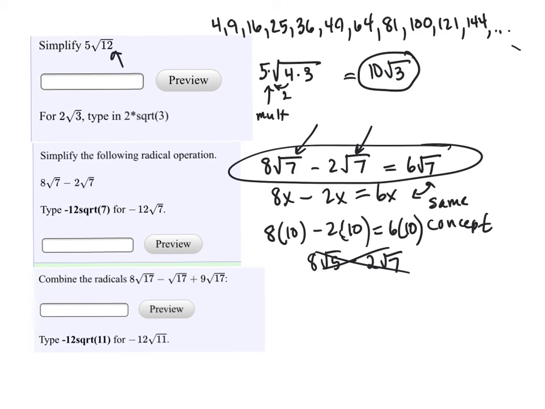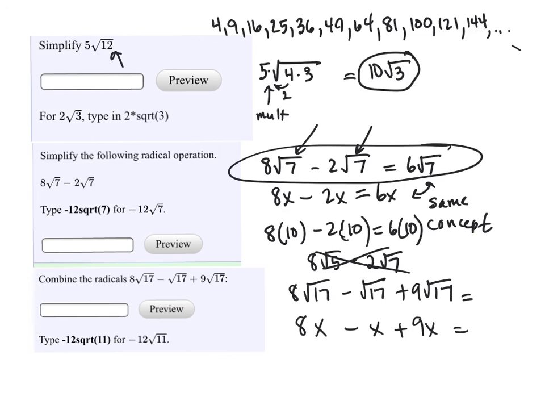8 root 17 minus root 17 plus 9 root 17. Well, as you do this, think of something you know. This is like 8x minus x plus 9x. It's the same exact thing. They're like terms because the radical part is the same.